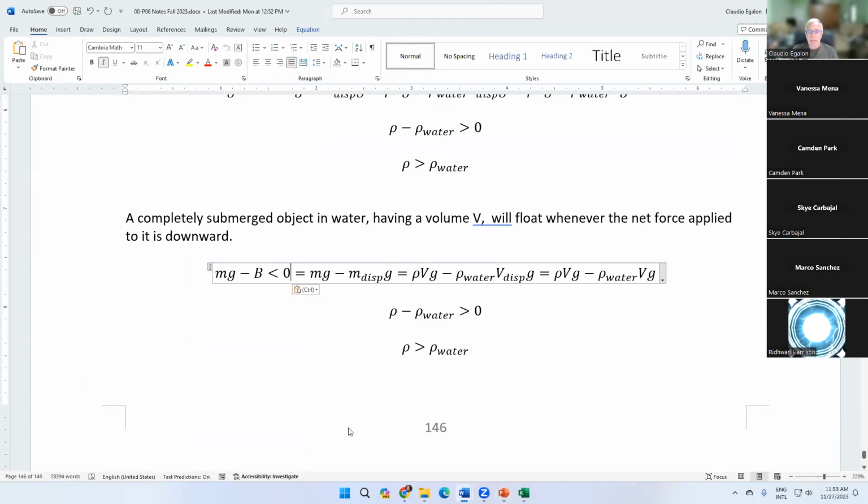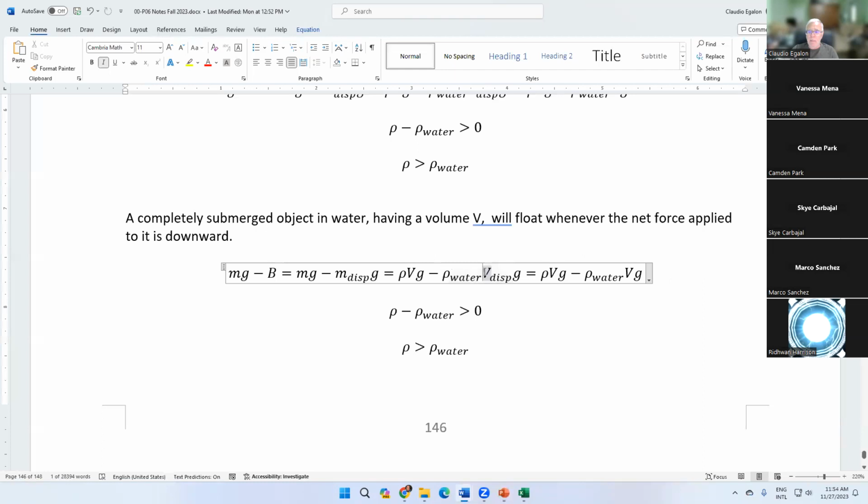And just like before, I can write down the buoyant force as the weight of the displaced water. The mass of the object is the density of the object times its volume, and the same thing applies for the water.